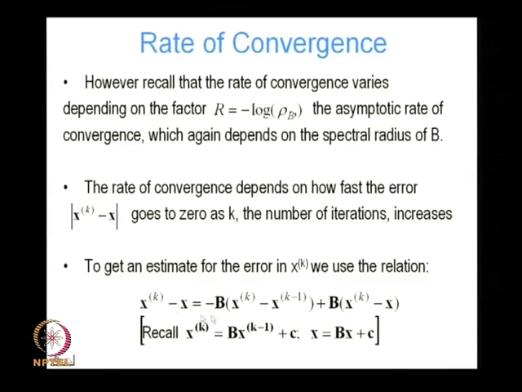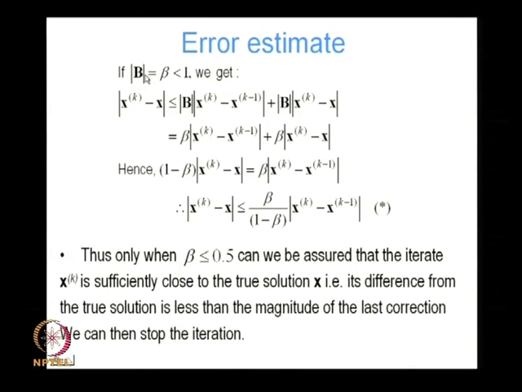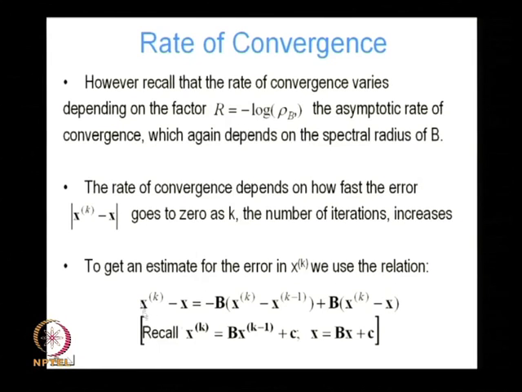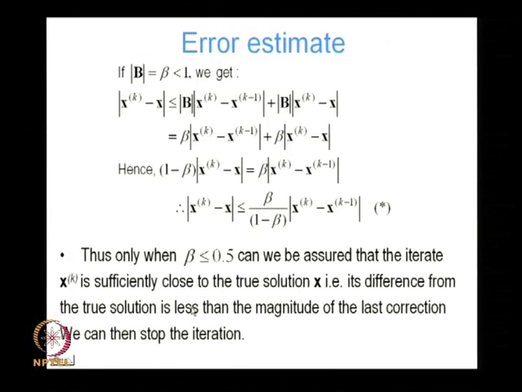So, we use this equation to get an estimate for the error. Let us see what we do. If the infinity norm of B is beta, and suppose it is less than 1, which we know is necessary for convergence, we get, taking the norm on both sides, norm of x_k minus x is less than or equal to norm of B times norm of x_{k-1} minus x_k, plus norm of B times norm of x_k minus x.